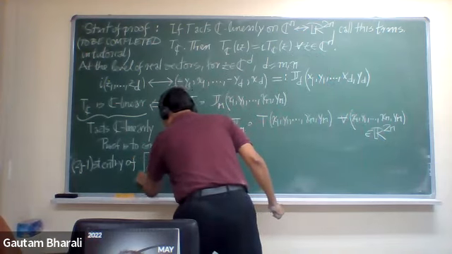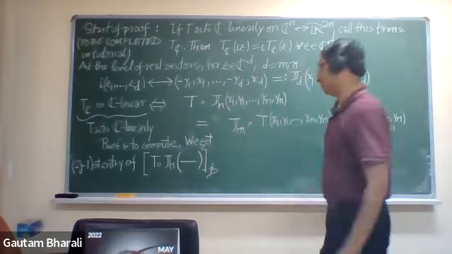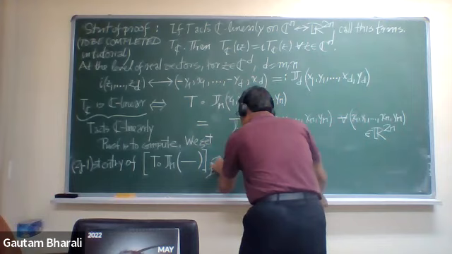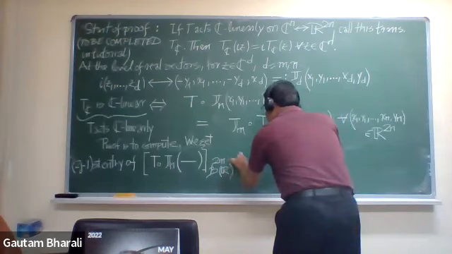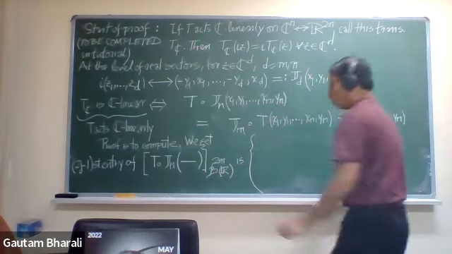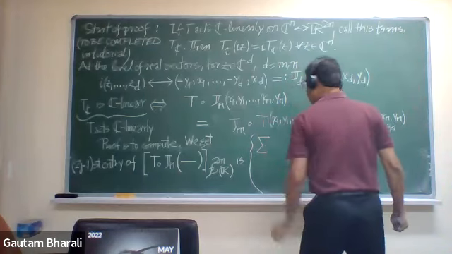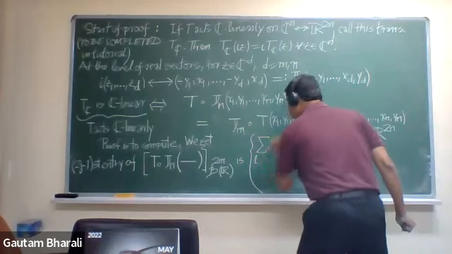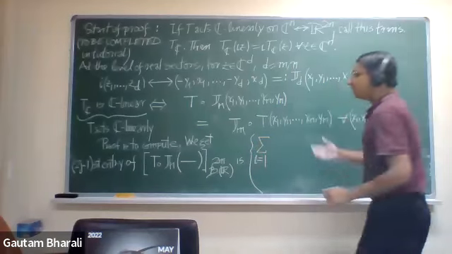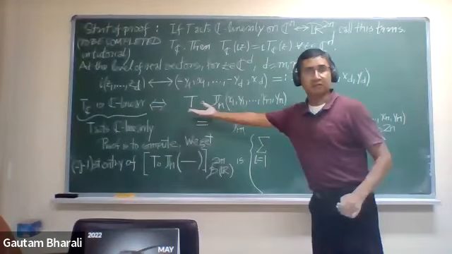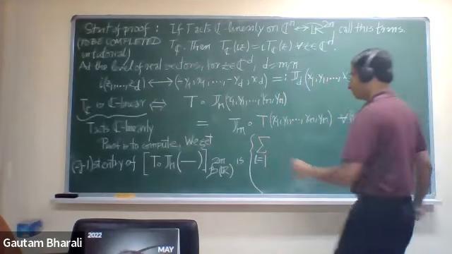So this is a vector, right? And I look at this vector in the coordinates of the target space, which is R to the M. So this is, well, a summation. L running from 1. How many columns does this matrix have? This matrix has 2n columns, right?